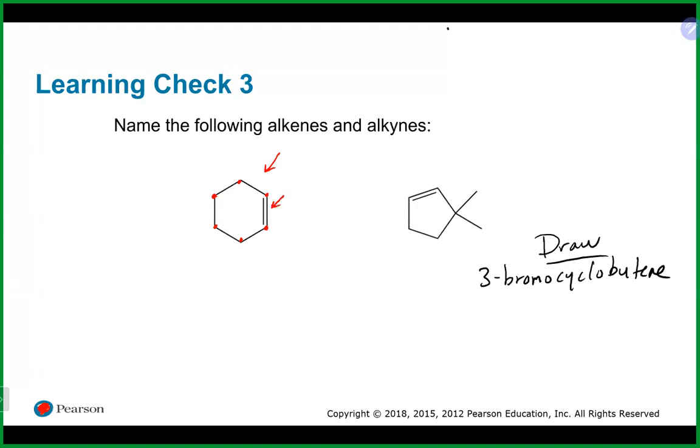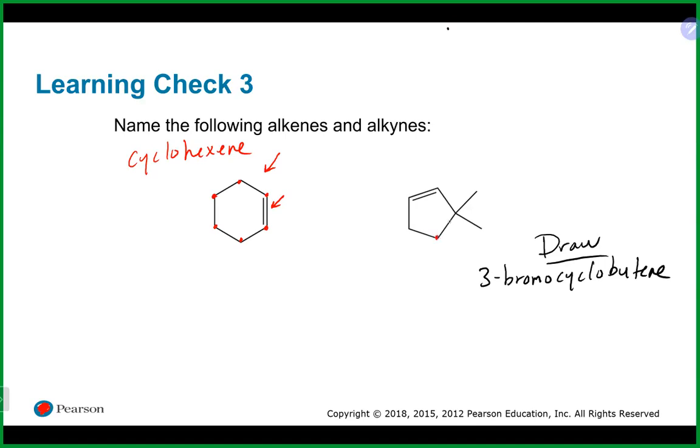We have our double bond happening there, so we've got cyclohexene. Once again, here we don't need to give the number because there's no other group attached. And even if there was, you don't need to give a number because wherever that double bond is located, it's assumed to be carbon number 1. So that's all you need to call it. Any questions on that one?